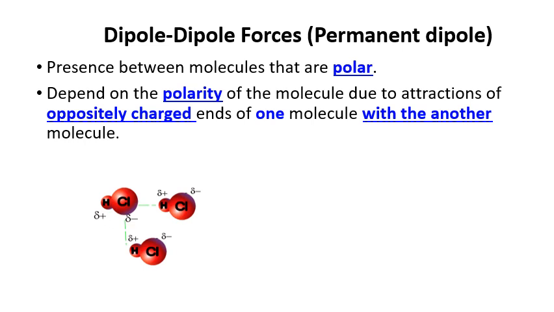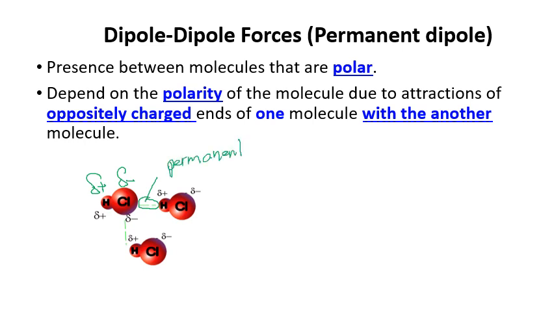There is no moment that the hydrogen will become partially negative. Hydrogen must always be partially positive, while chlorine must always be partially negative. The charge between hydrogen and chlorine will never change. So that's why we call this a permanent dipole.